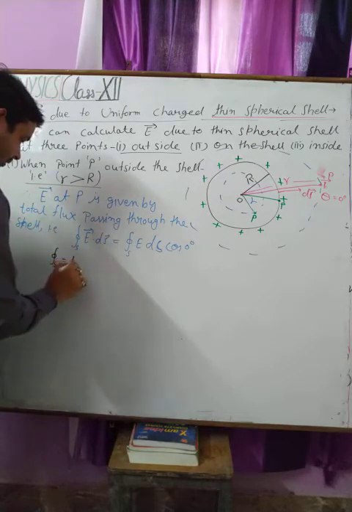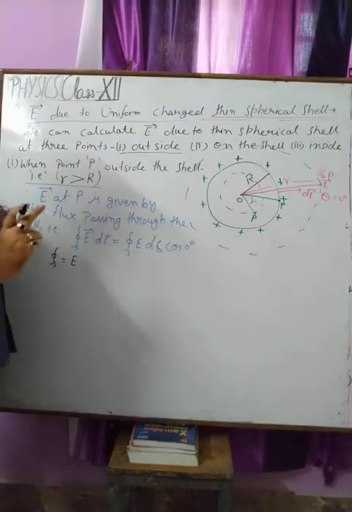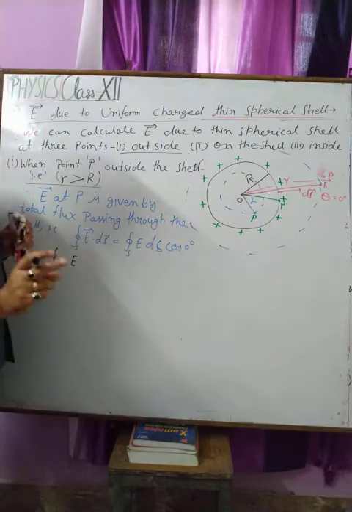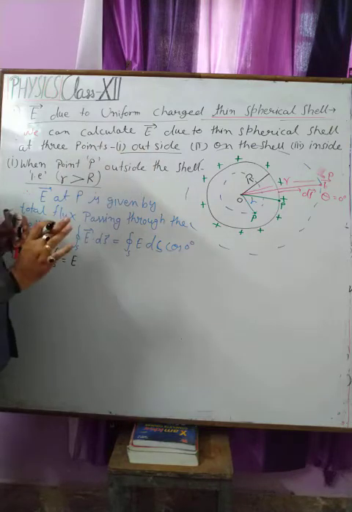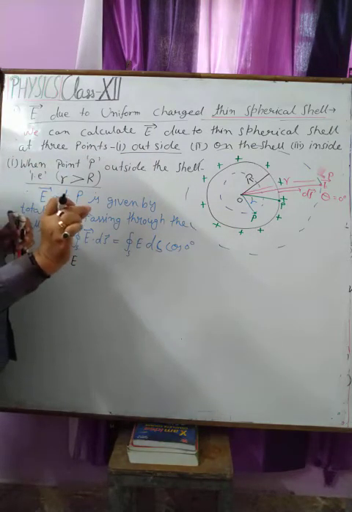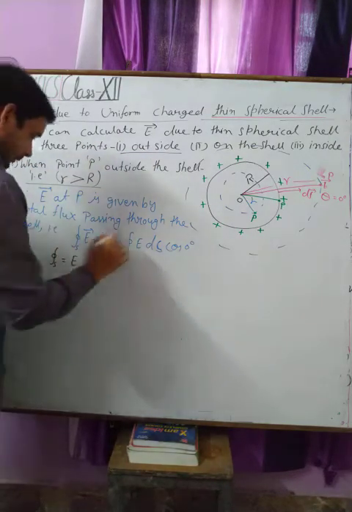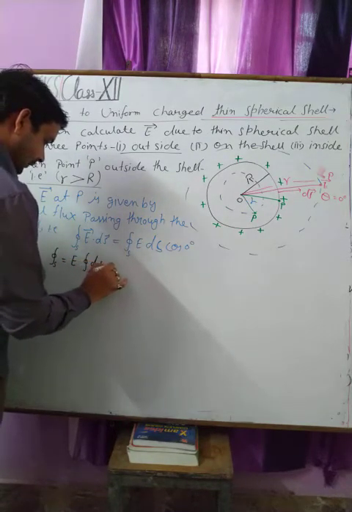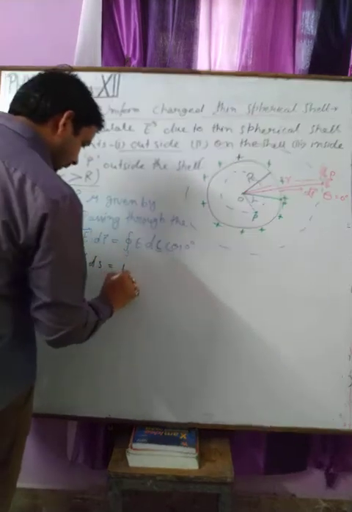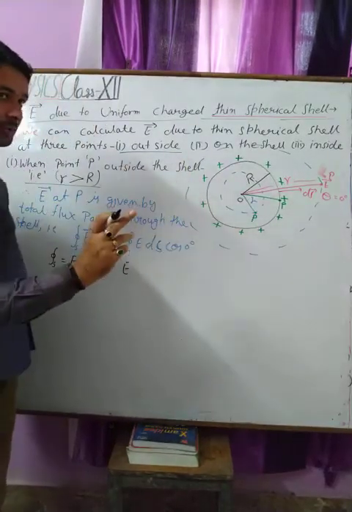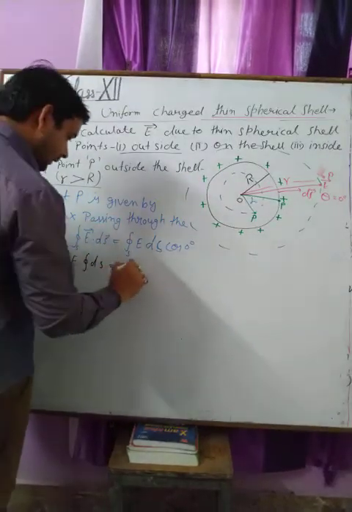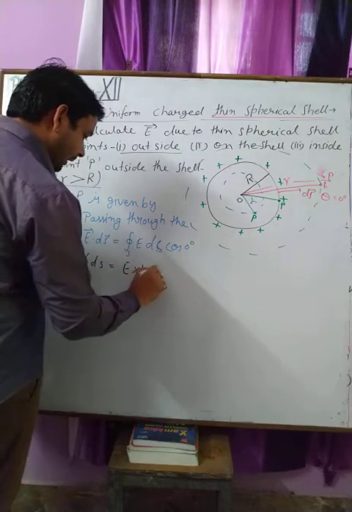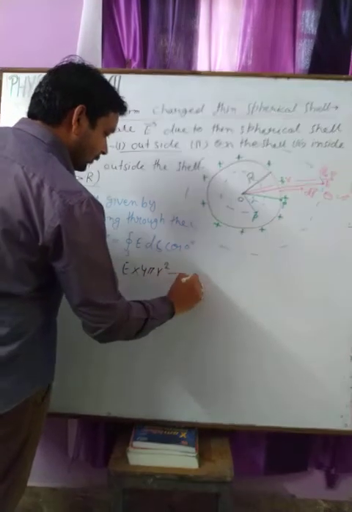E is a constant because the charge is equally distributed over the surface, which means at every point the electric field due to this thin shell is equal, that is E. The surface integral of dS is the area of a sphere, 4 pi r square. So this is equal to E times 4 pi r square. This is your equation first.